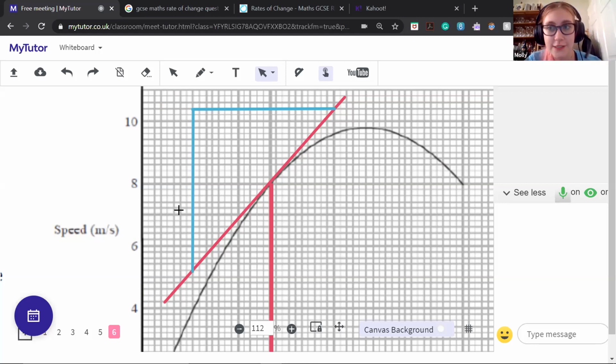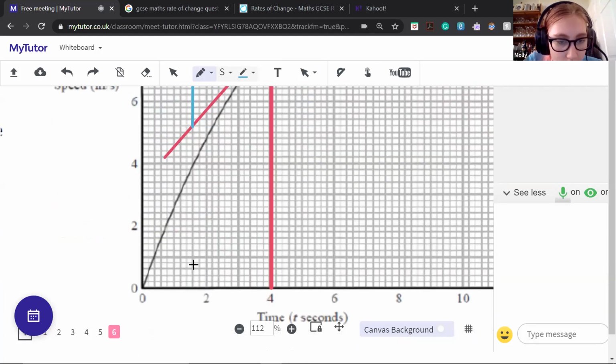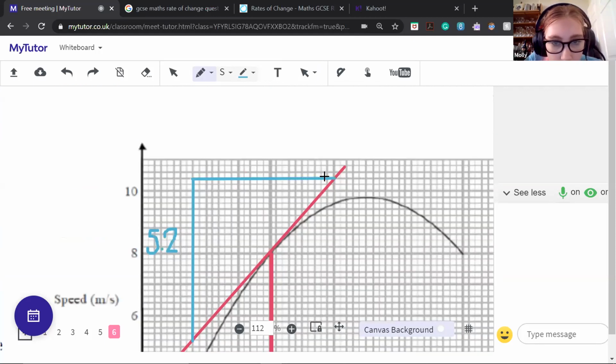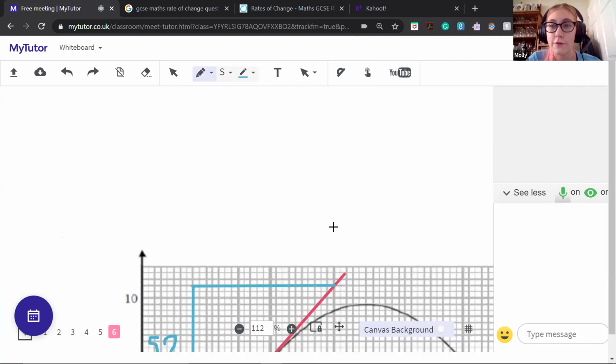So that's a difference of 5.2. And now the x values, same scale actually. So this is 1.4 up to, and down here, 6. So that's a difference of 4.6.